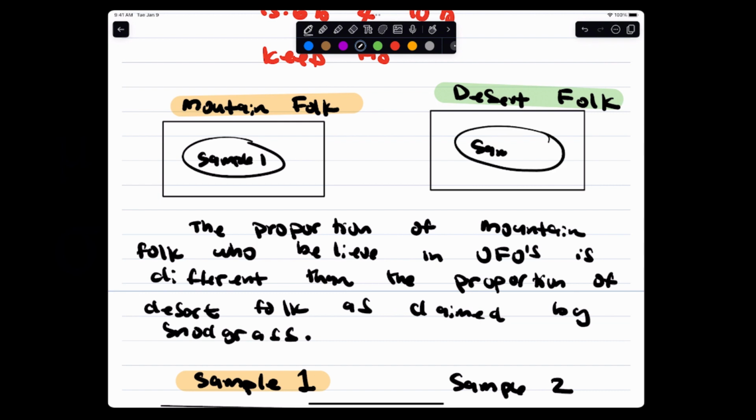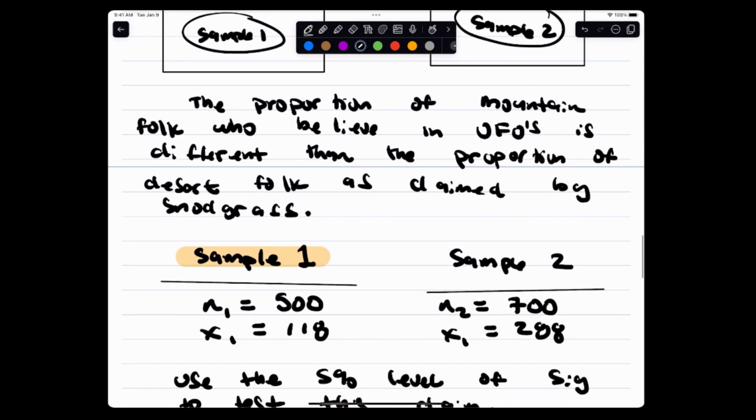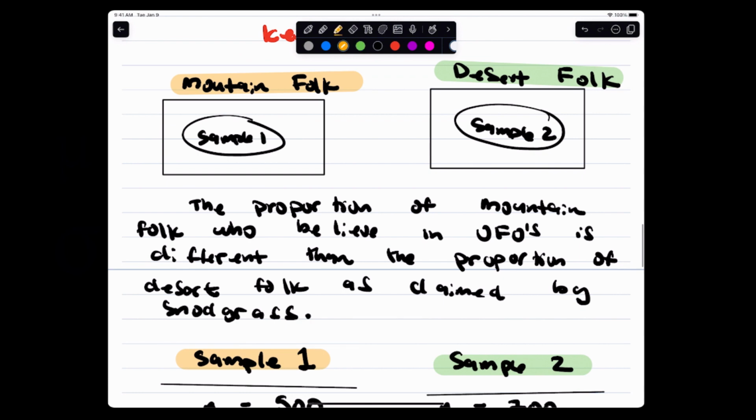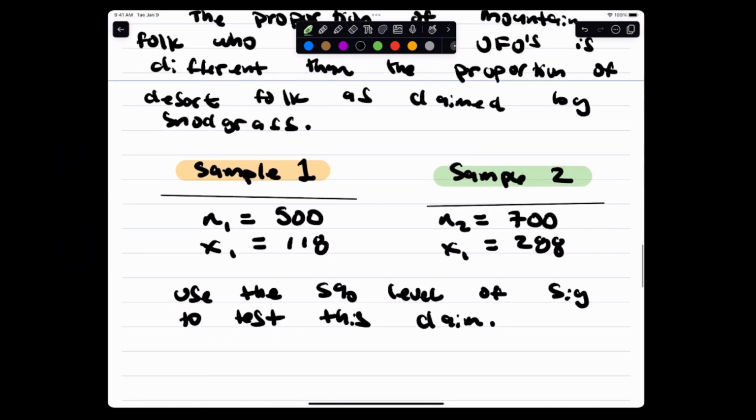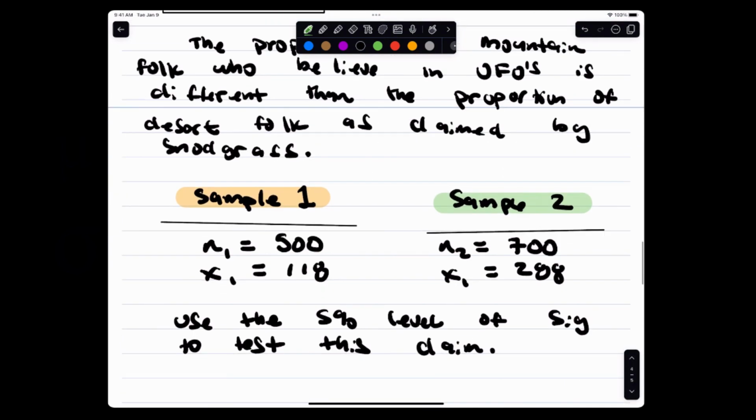The second sample is the desert folk. Mountain.